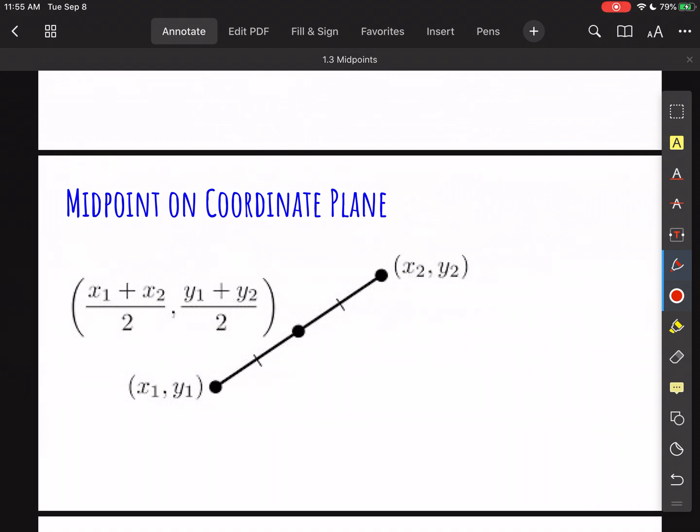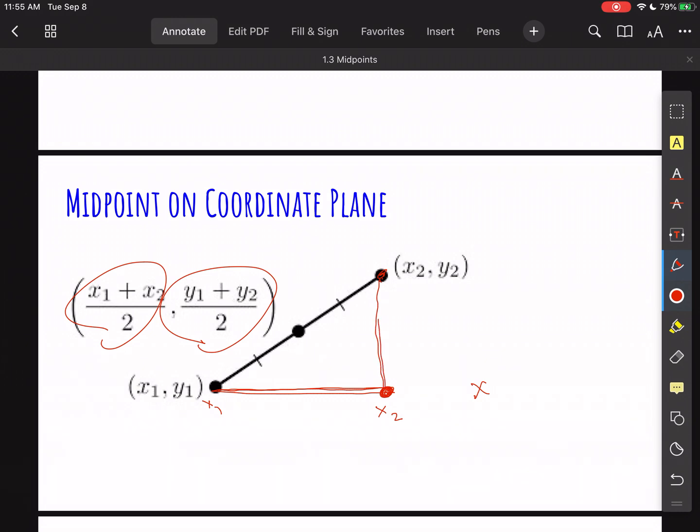Okay, but then we have midpoints on a coordinate plane. So here we have to consider the y values, right, and the x values. So notice, the halfway point between the x's is the halfway point of this straight line, right, in the x direction. So I can look at what the x value is here, which is the same as the x value here, right, so it's like x1, x2, and then in the y direction, it's just this straight line.